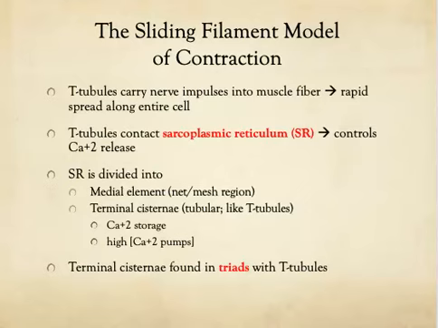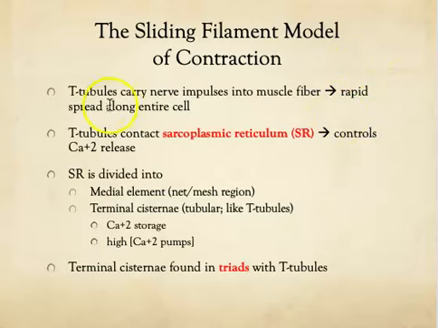Those infoldings of the sarcolemma, those T-tubules, are going to direct the newly generated action potentials down the T-tubules. So we're going to carry the nerve impulses from the neuromuscular junction down through the T-tubules along the entire length of the muscle fiber so that we get a rapid spread of that electrical signal down the length of the fiber.